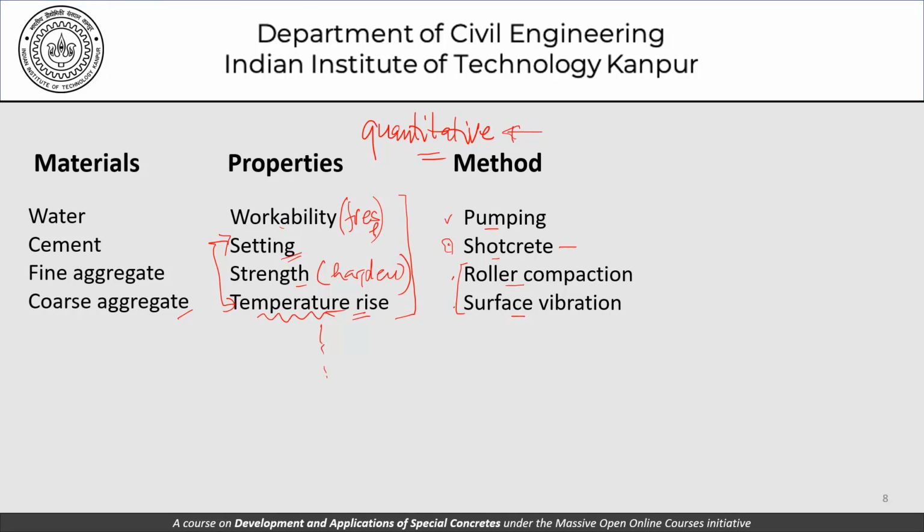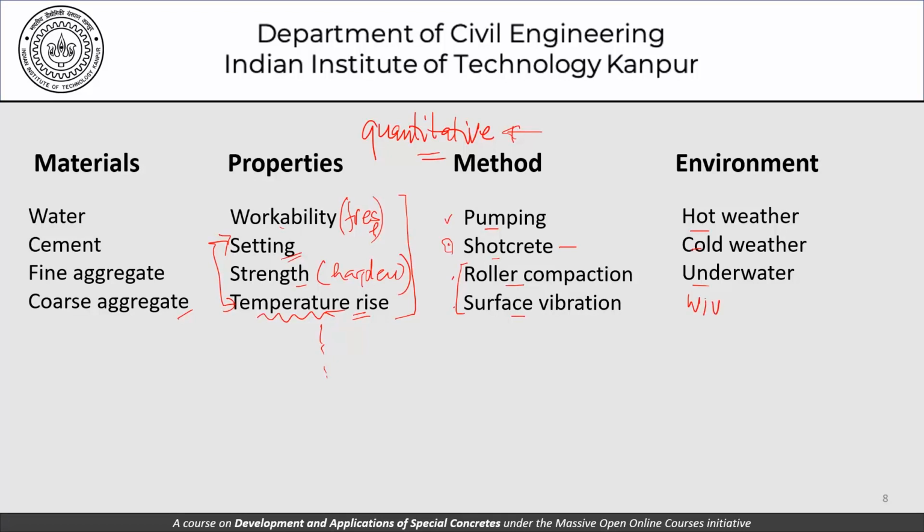As far as environment of placement is concerned, we could be talking about hot weather or cold weather, we could be talking underwater, we could be talking windy conditions. So what happens is that depending on what kind of weather or environment in which concrete is being placed, there are certain methods which are acceptable, certain methods which are desirable, new methods need to be developed, and then that takes us back to properties, and that takes us back to materials and the proportions.